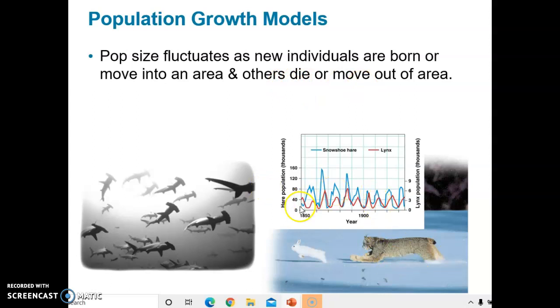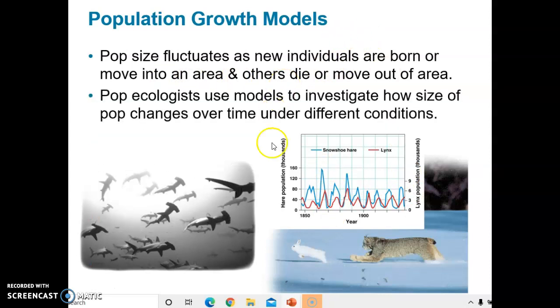So these factors will cause increases and decreases in population over time, depending on when they're occurring and how drastic or large they may be. So population ecologists use models to investigate how the size of populations will change over time, their numbers, their densities, under different environmental conditions.